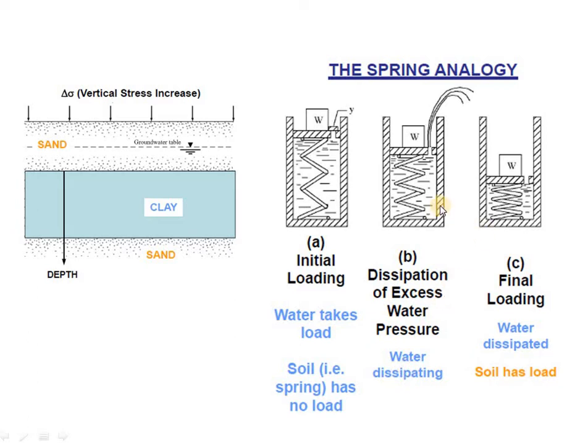Again further, when the load is increased, the excess water is already expelled out of the soil, and water and soil have the same condition and the soil has attained its maximum compression. So this is your final loading, the water dissipates, and now the soil will take the load. So this is the condition with respect to the soils.